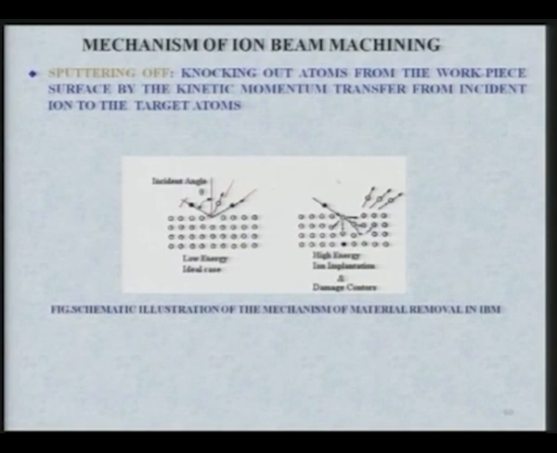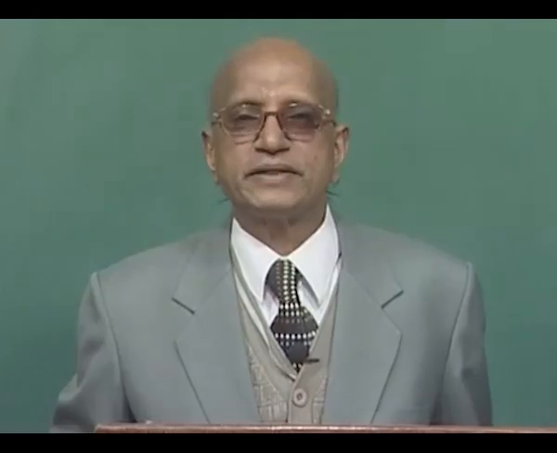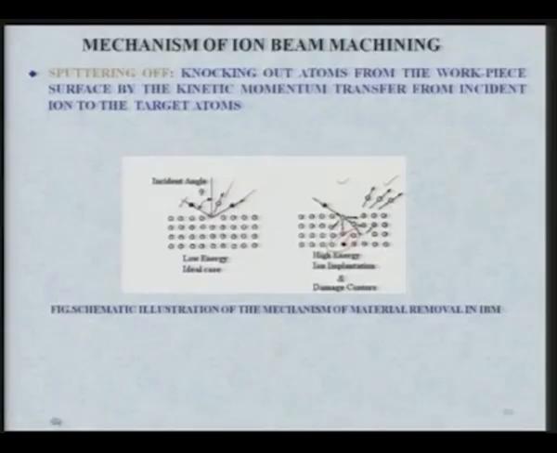But what really happens in actual practice is that the ion has enough large energy and it does not remove one single atom, but a cascade of atoms are removed from the top surface of the workpiece, and if the energy is very large, then the ion gets implanted in the subsurface of the workpiece, and this is what exactly we do not want, because it damages the surface of the workpiece being machined.